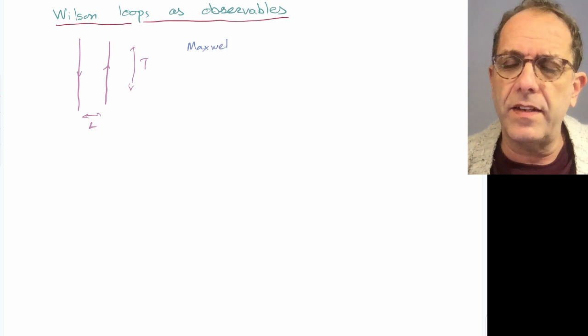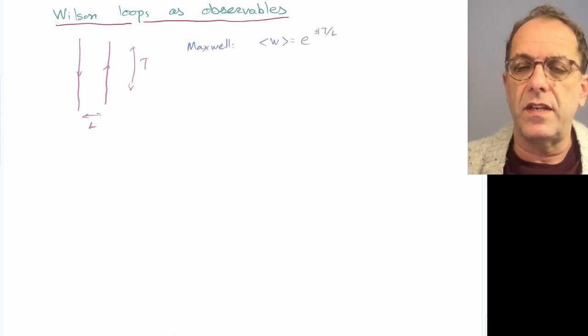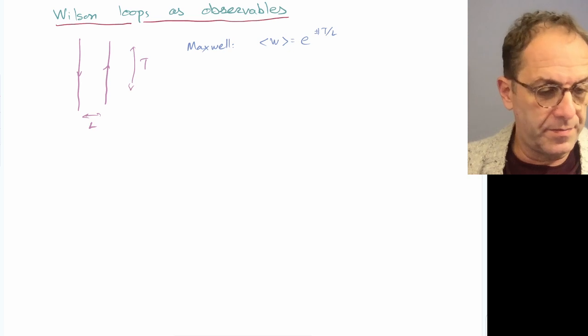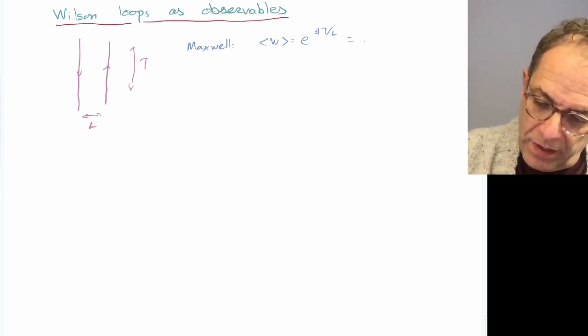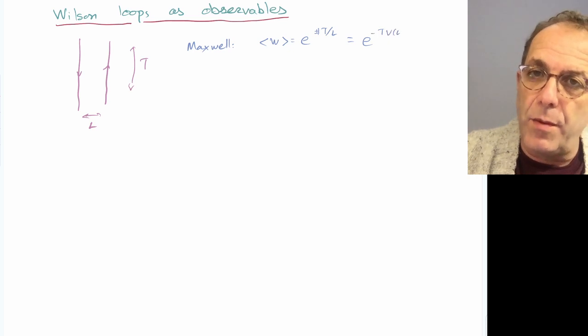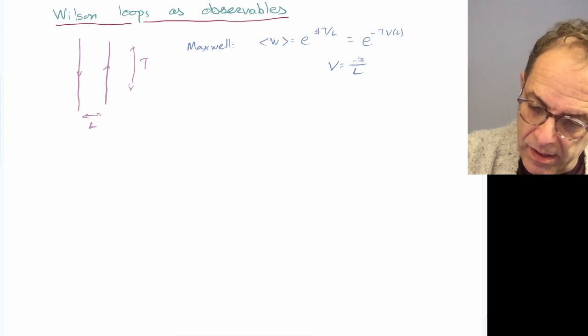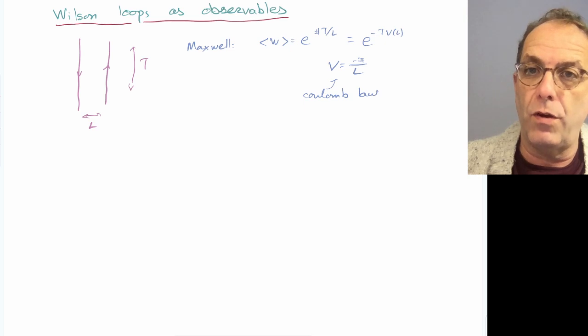In electromagnetism, we saw that it was equal to the exponent of some number times T over L, where T is the length and L is the distance between the lines. And we can interpret this as arising from a potential V of L. In this case, this is a conformal Coulomb-like potential.